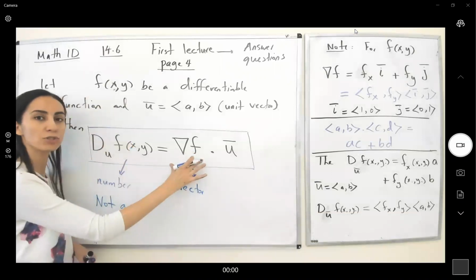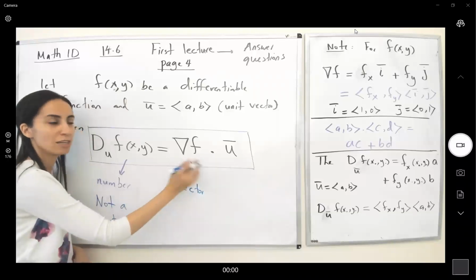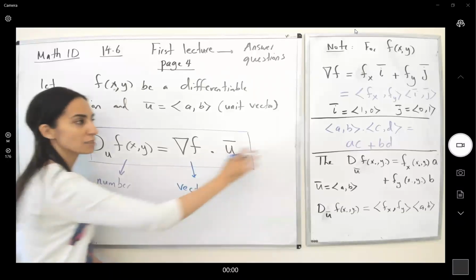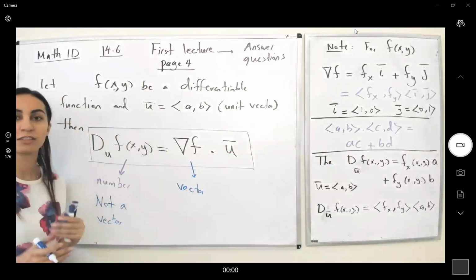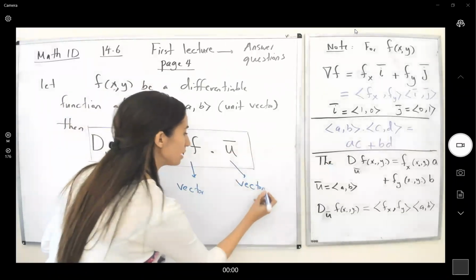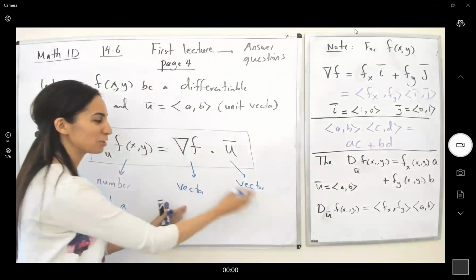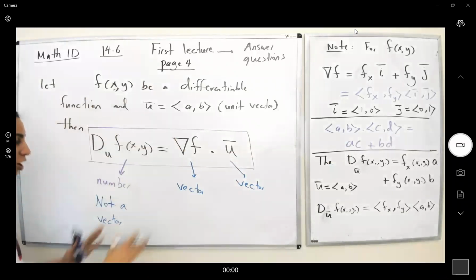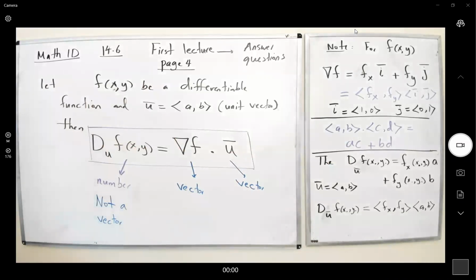So you're allowed to perform dot product between two vectors. The dot product between two vectors actually gives you another number, not a vector. So vector 1, vector 2, it's not a cross product. Do not confuse that with cross product. It's a dot product between two vectors. The outcome is always a number. So one important note for you.